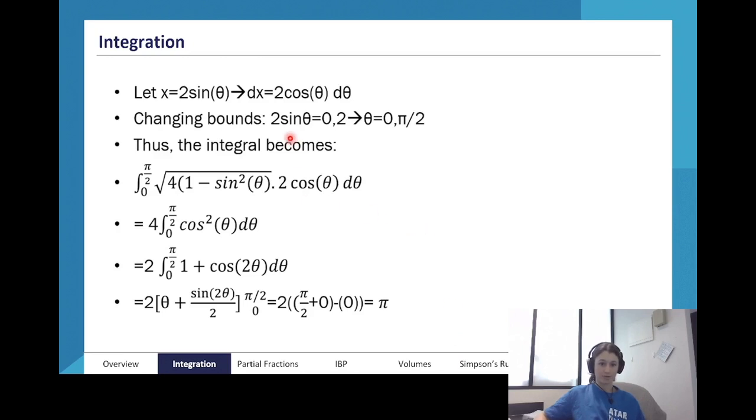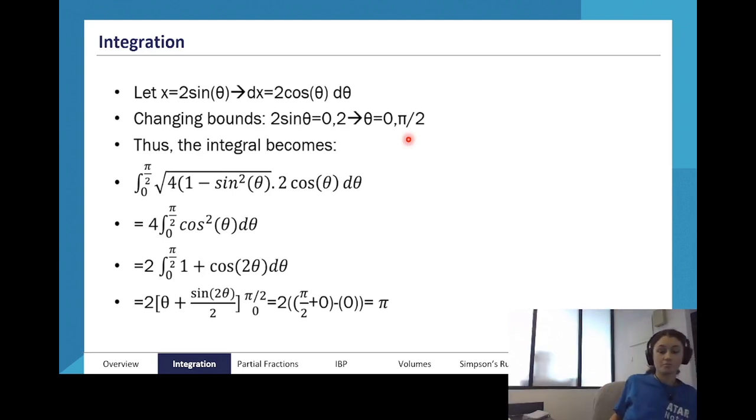So we're going to let 2 sine theta equal 0 and 2 sine theta equal 2. And this gives us that theta is equal to 0 and pi on 2. You could get this by using your table of values or your special triangles. So again, when we have a definite integral and we're using substitution, we need to change the bounds by letting our substitution equal to the bounds.